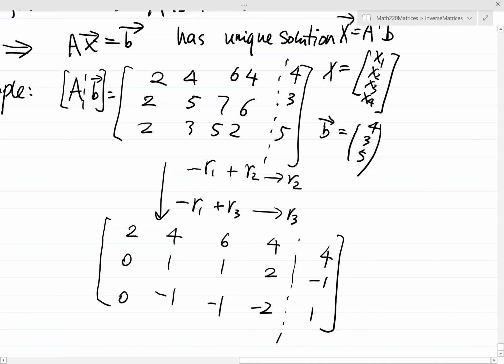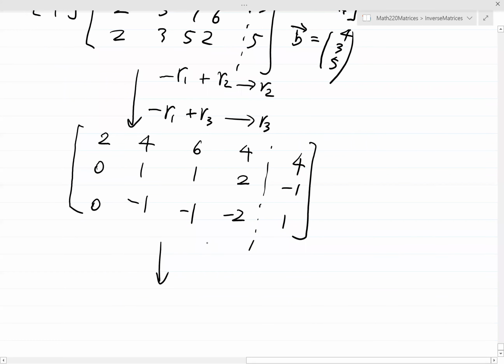And then we continue to reduce variables. Use row 2 and row 3. You see in row 2 the first entry is 0, in row 3 the first entry is 0. The second entries are 1 and negative 1, so you can add them to cancel one entry. So we let row 2 plus row 3 replace row 3.